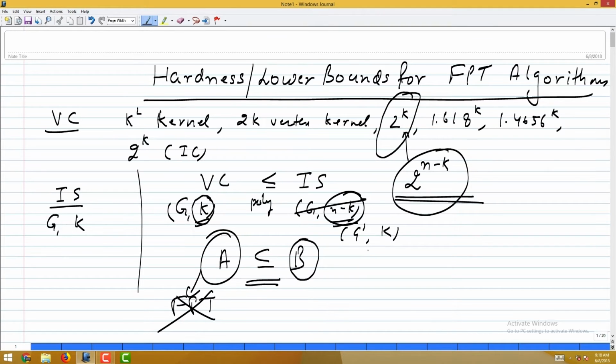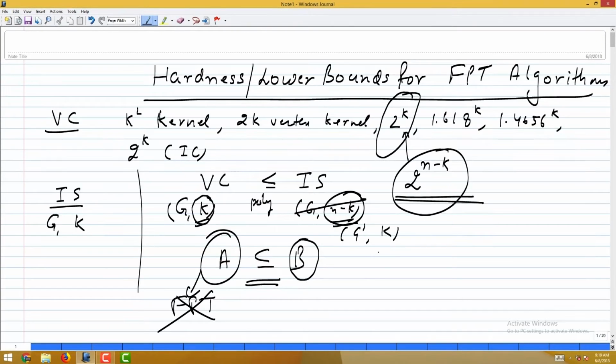Suppose G prime was some graph I could construct in some way, and I was able to say that if G has a vertex cover of size at most k, then G prime has an independent set of size k, and if G prime has an independent set of size k, then G has a vertex cover of size at most k. Suppose I was able to give such a reduction. Now we can prove this FPT thing, right? Now suppose independent set was FPT.